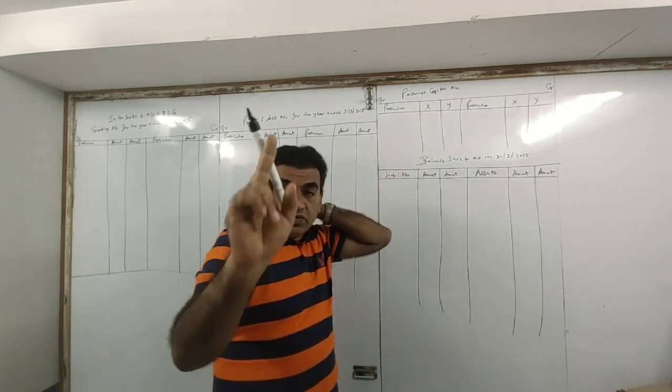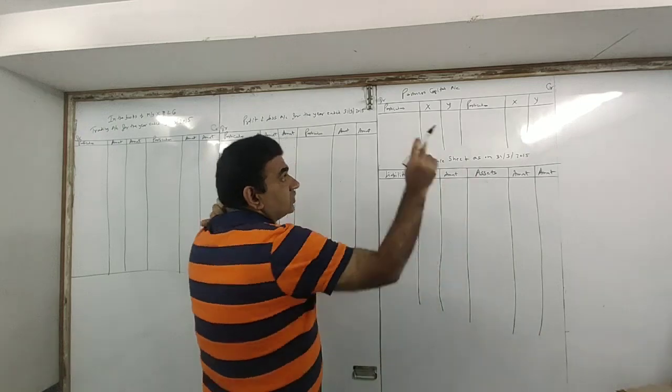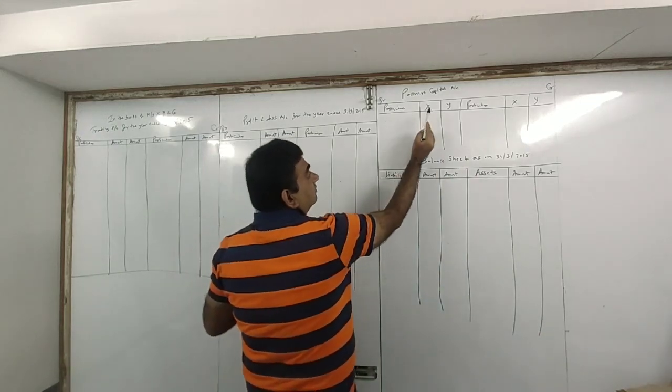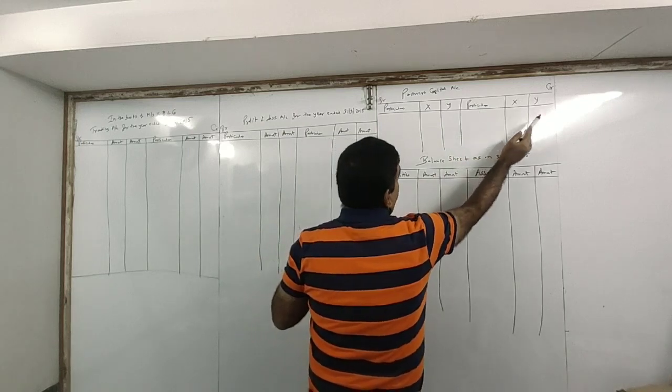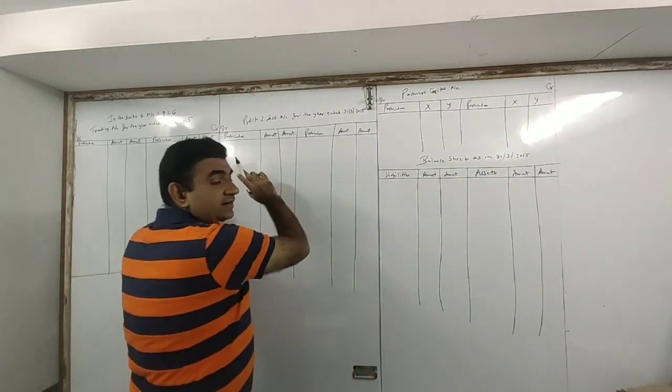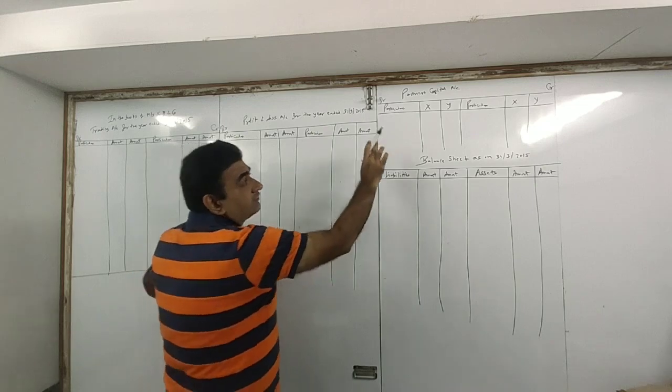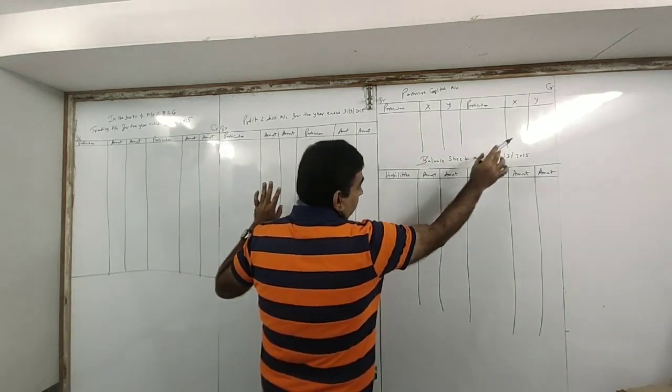In this sum, there are two partners X and Y. So the columns here will be particulars, partner X, partner Y debit, particulars, partner X, partner Y credit. Trading P&L में it is particulars amount, whereas यहाँ पे it is name of the partners.